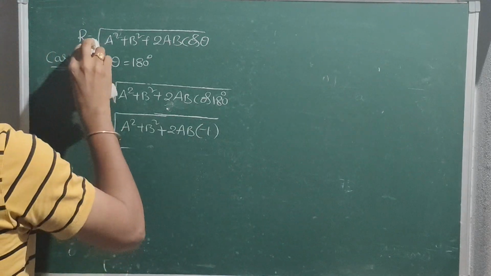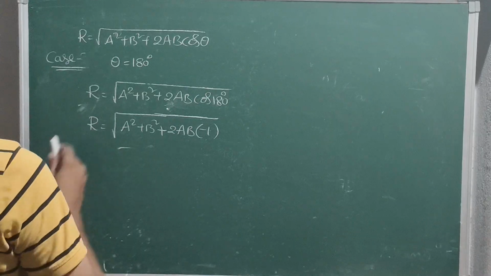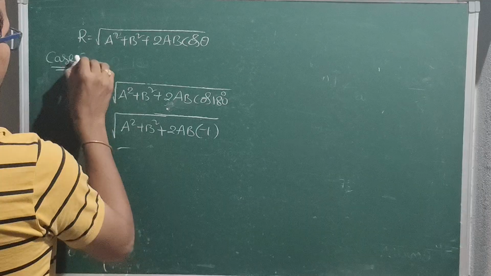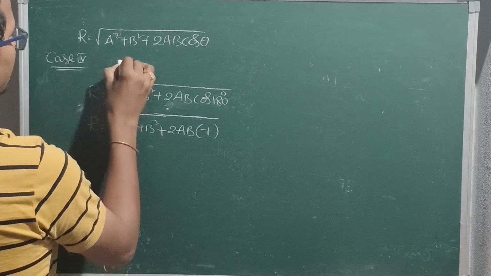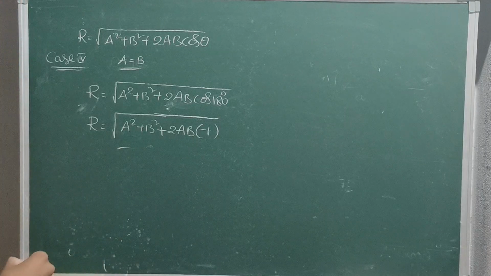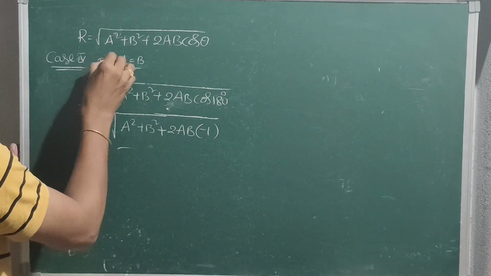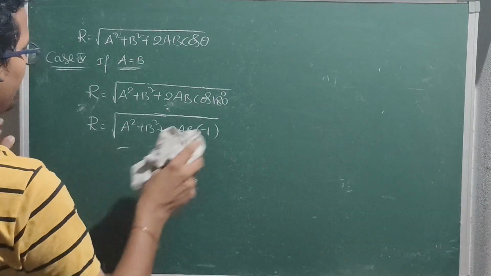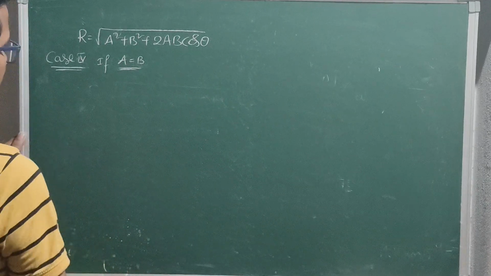The fourth one, the theta cases, we have already completed. For example, case 4: if A is equal to B, if the two vectors are equal. A is equal to B means what?